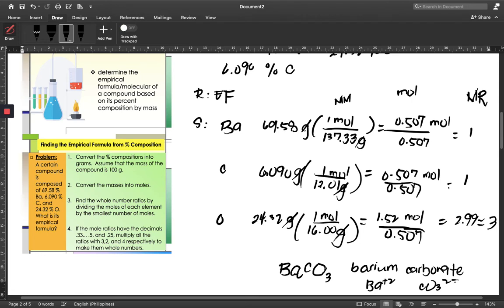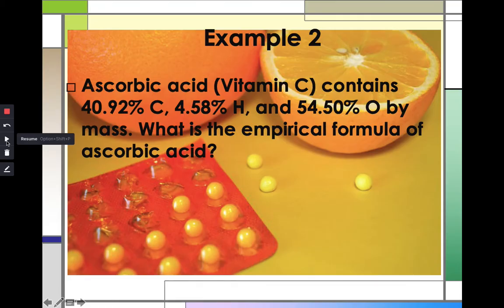So when you crisscross and disregard the sign, then we end up with BaCO3. So this, ladies and gentlemen, is our empirical formula. It's the smallest whole number ratios given our percentages. All right, so that is for our first example.